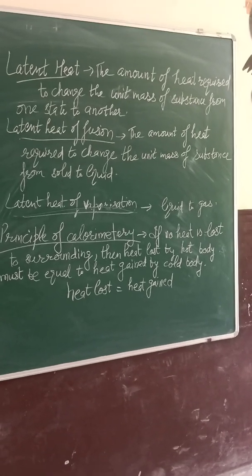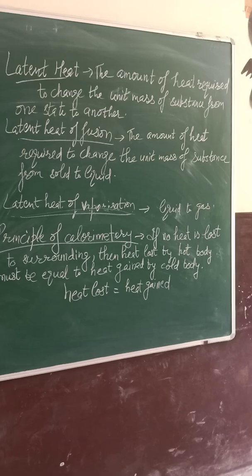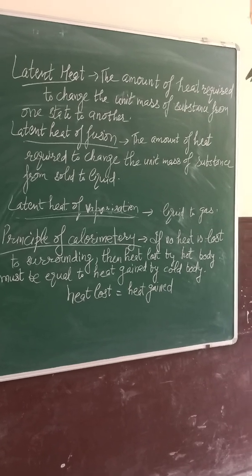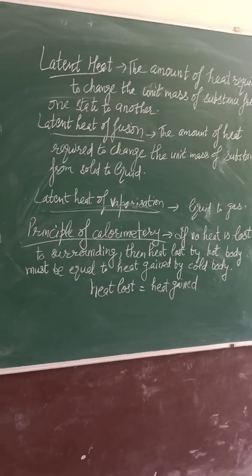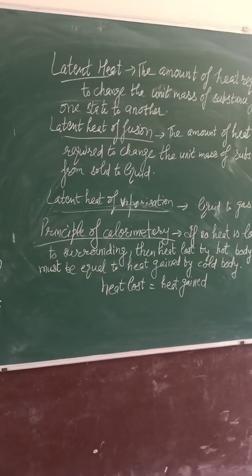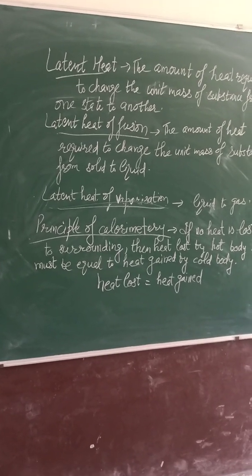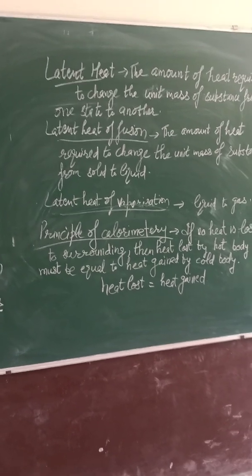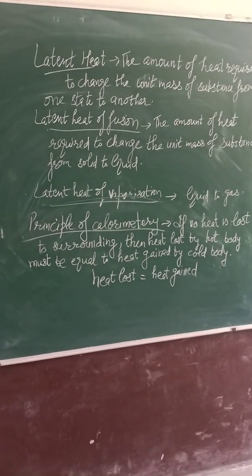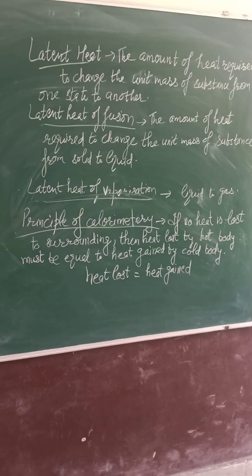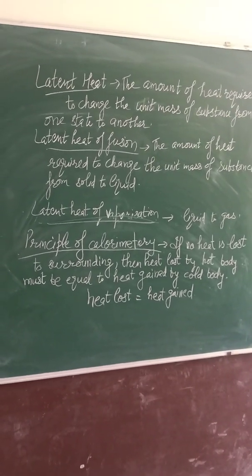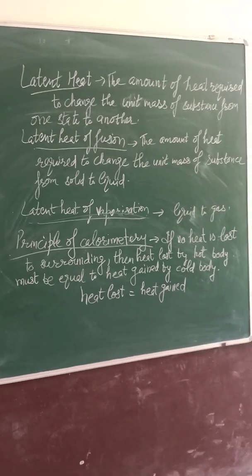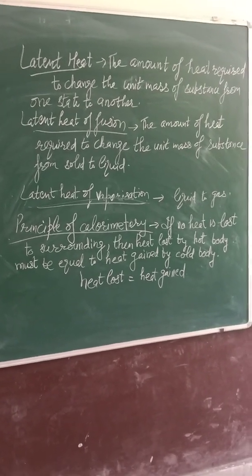Latent heat of fusion: the amount of heat required to change the unit mass of a substance from solid to liquid. Then vaporization: the amount of heat required to change the unit mass of a substance from liquid to gaseous or vapor form. This is called latent heat of vaporization.